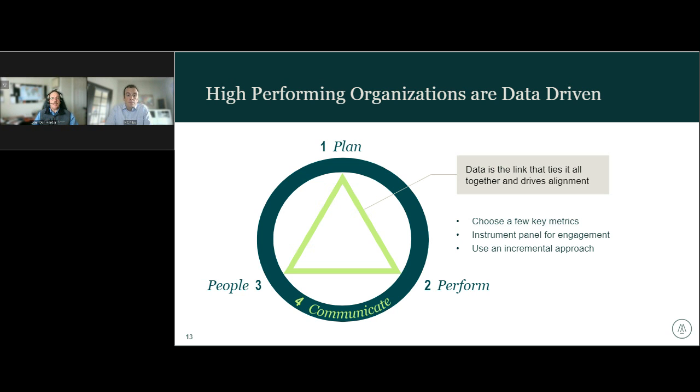And then it's pulling the people together in this comprehensive, unified view where they're engaged, and all of that around communication. And so your data needs to communicate. That triangle in the middle is saying all of this is driven by data, and that's what ties it all together. Your plan is giving a guide to your performance, which is informing your people to make decisions to do other plans, and it's that unified communication.